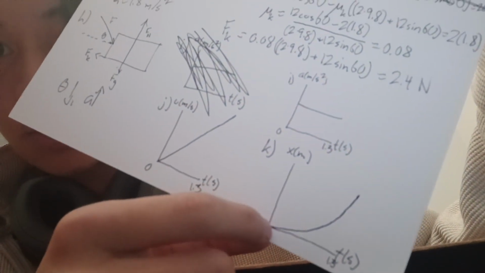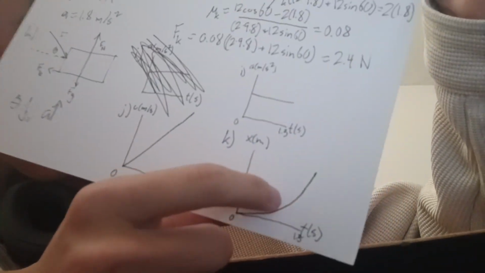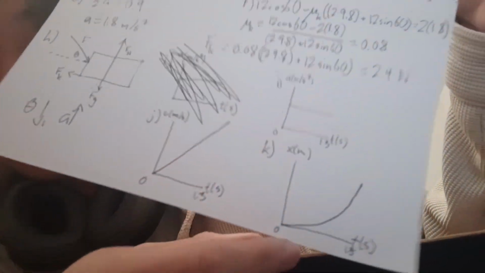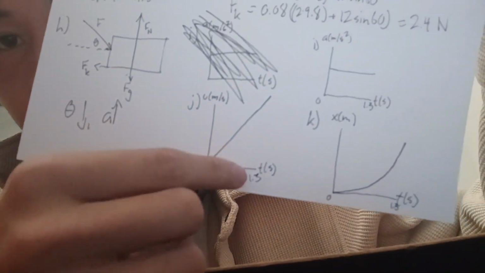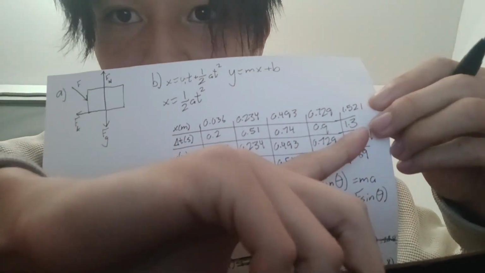And then it starts at 0, VI starts at 0 as well. This is the derivative of this, this is the derivative of this. And so yeah, that's the x. Oh yeah, and I labeled all of them 0 to 1.3 because that's the time interval given right here, up to 1.3. So yeah, thank you.